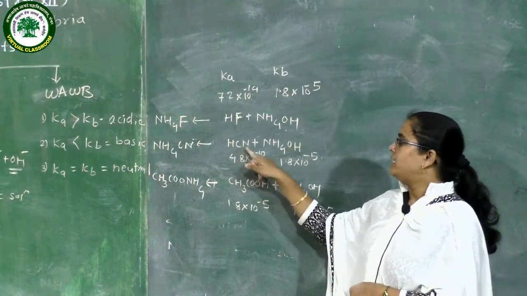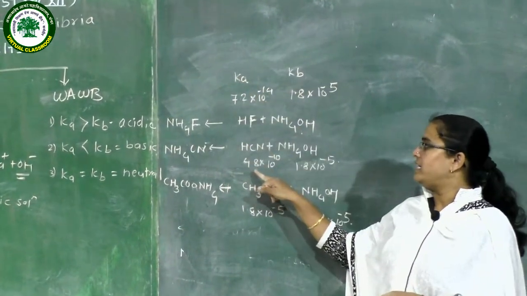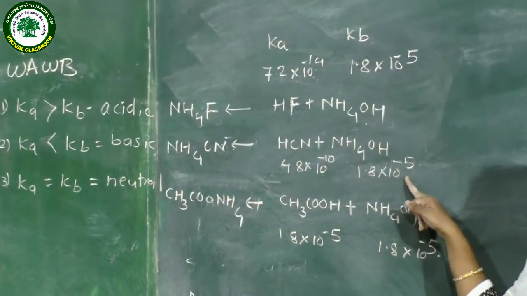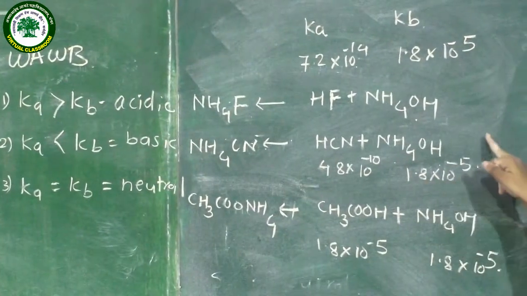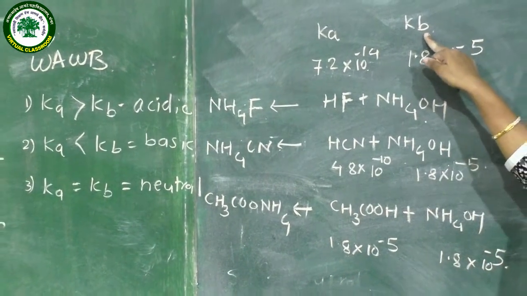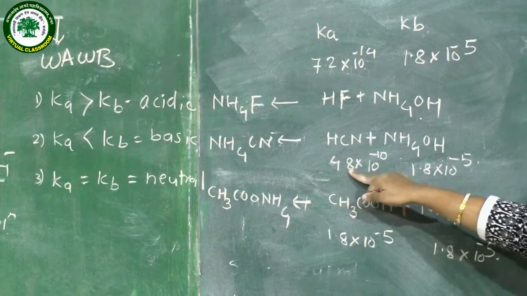Here the acid dissociation constant of HCN is 4.8 x 10^-10 and the dissociation constant of ammonium hydroxide is 1.8 x 10^-5. The dissociation constant of the base is greater than that of the acid, hence the solution becomes basic.